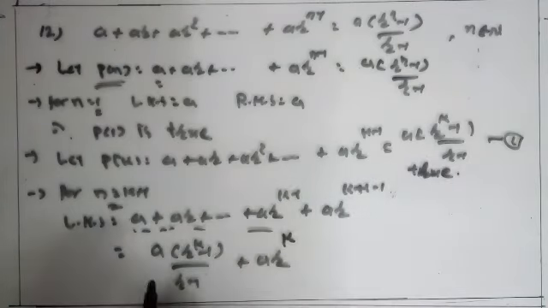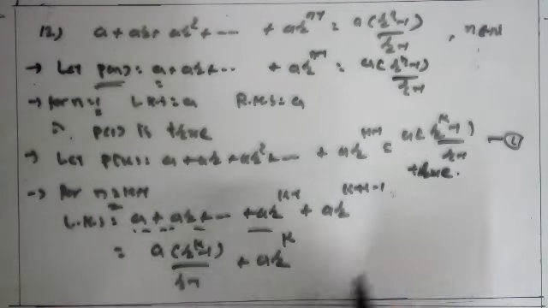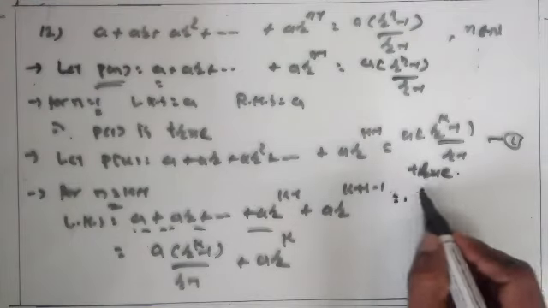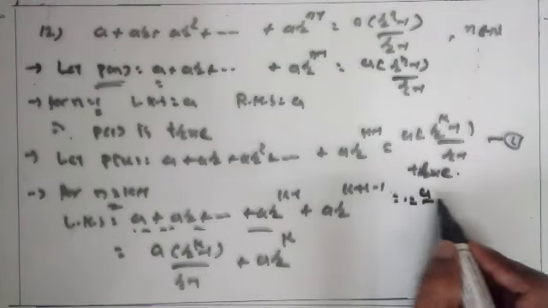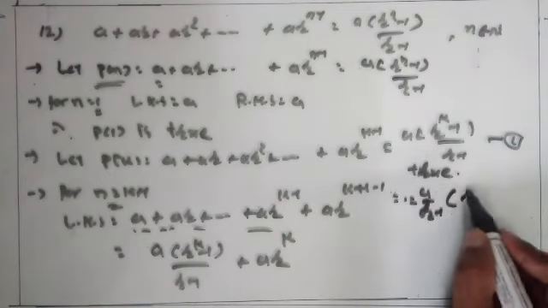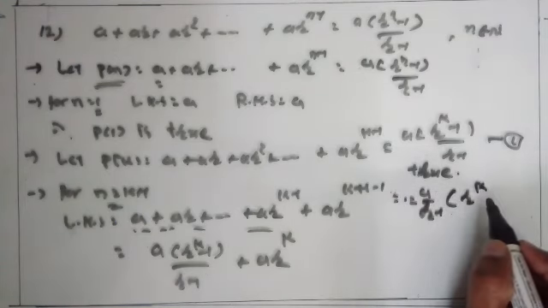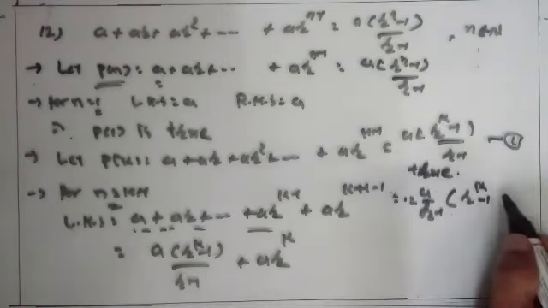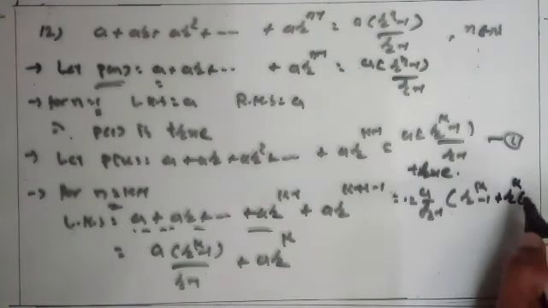Clear? Now a upon r - 1, take LCM. So this is equal to a upon r - 1 into the bracket (r^k - 1) plus r^k into (r - 1). Clear?